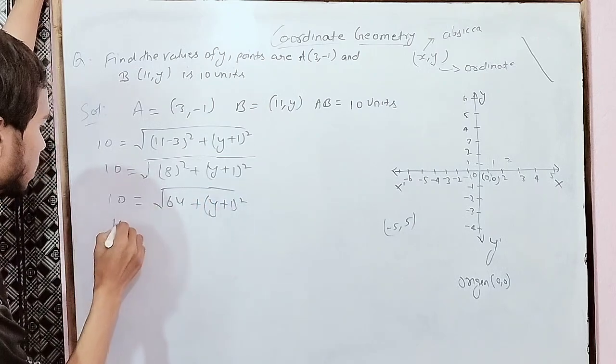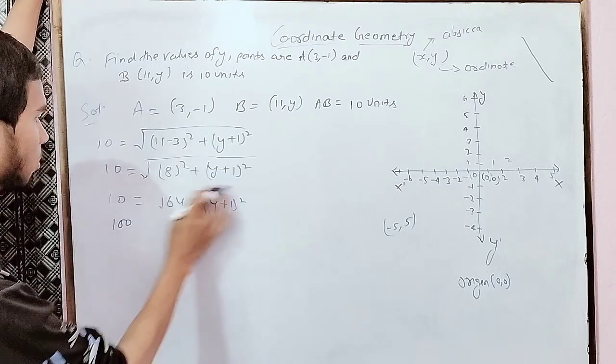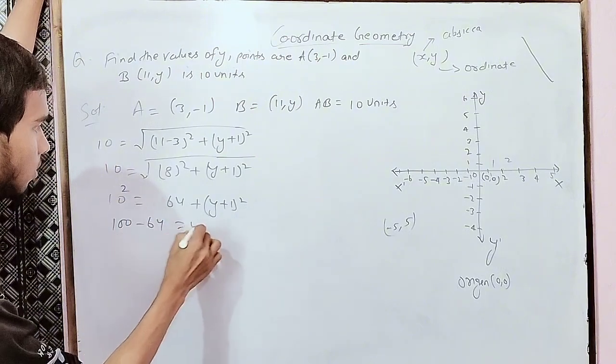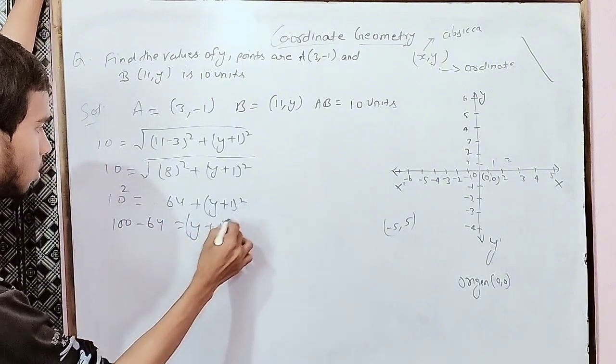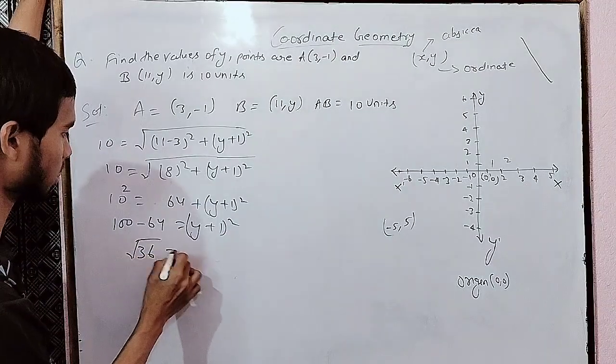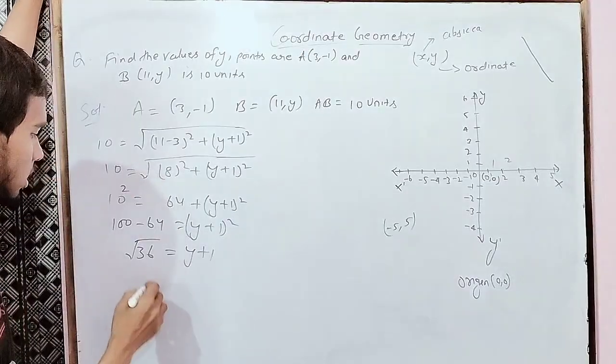So this will go this side, and 64 this side, y plus 1 square. This is 36. Then this will come this side. It will become like that.